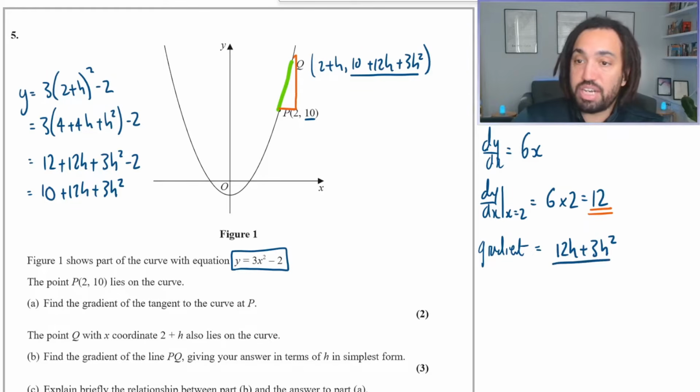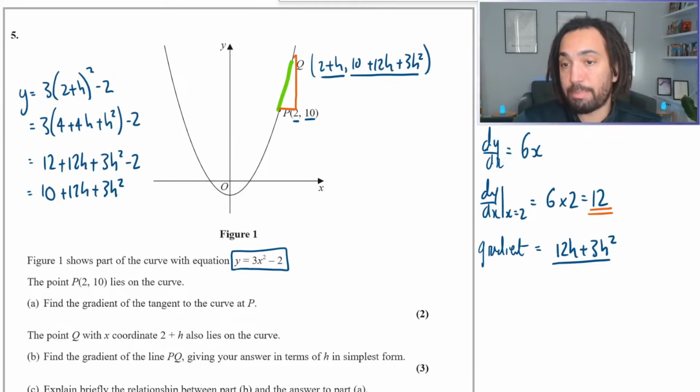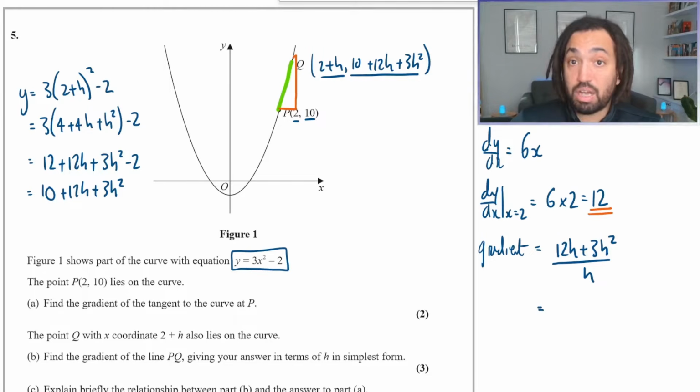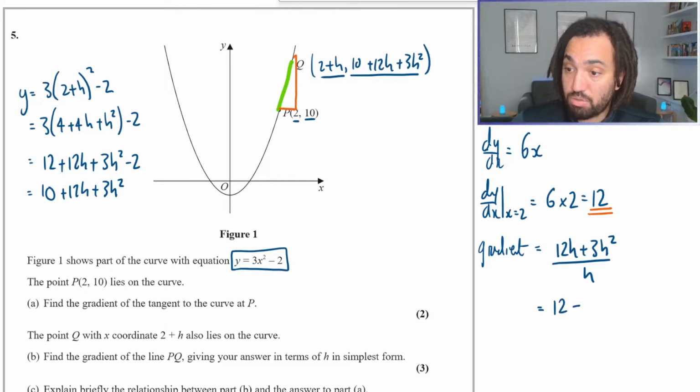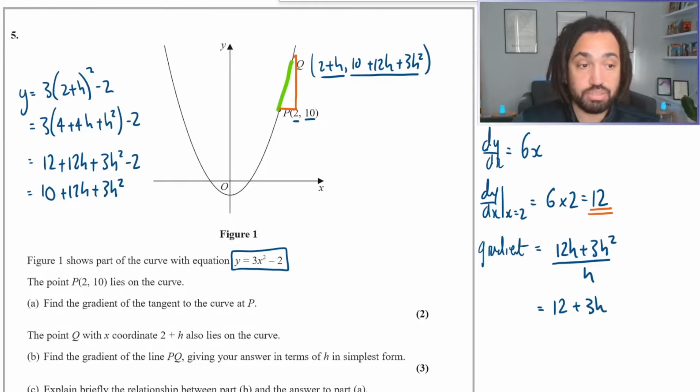Okay, and it's over the change in the x, which is x2, which is 2 plus h minus 2. So that will be just h. Okay, both the terms on the top have a factor of h, so I can divide through by h to get 12 plus 3h. Okay, perfect.